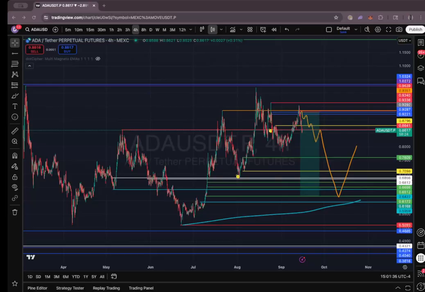Yes, a lot has changed in the landscape of the macro factors, the institutions, the ETFs, all of those things, right? But everything has changed and nothing has changed. Everything has changed in terms of the narrative, but nothing has changed in terms of the market dynamics. There's still manipulation, no matter where you look.